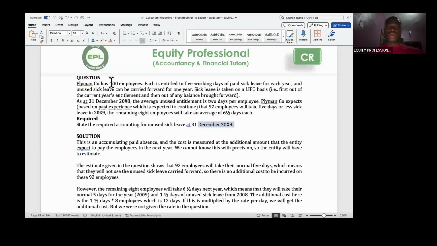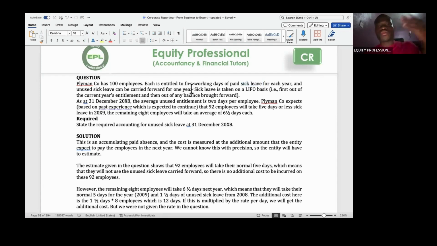Okay, so this company has 100 employees. Each is entitled to 5 days sick leave. This company expects their staff at least to be sick every year. So they have allotted sick leave to them. And they now told us that unused sick leave can be carried forward for 1 year.